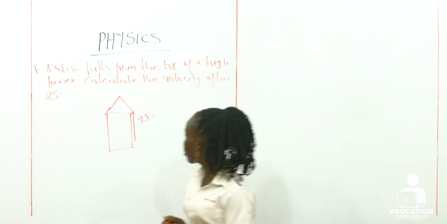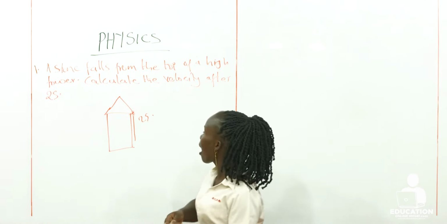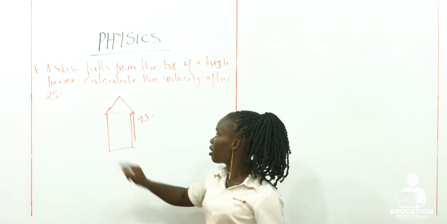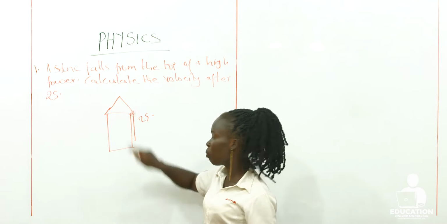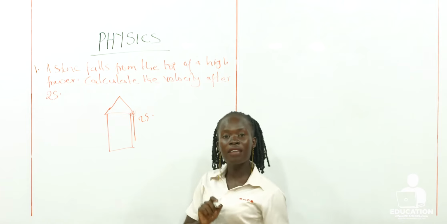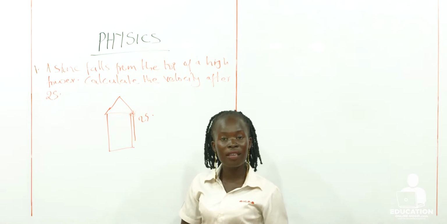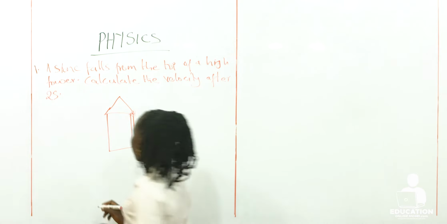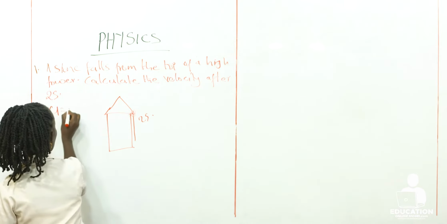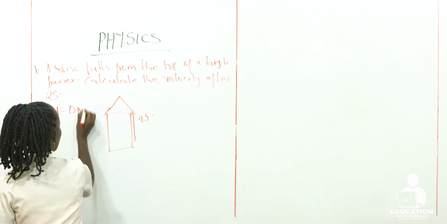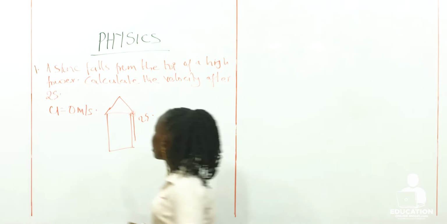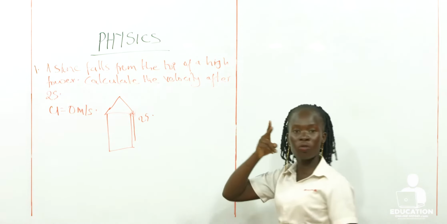So let's take a look at this. If we are saying that at the top of this tower, the body was not moving, it was just placed there, the stone, that means that at rest, the initial velocity given to this body was 0. So we have our initial velocity u equals 0 meters per second. They're saying the velocity after 2 seconds.